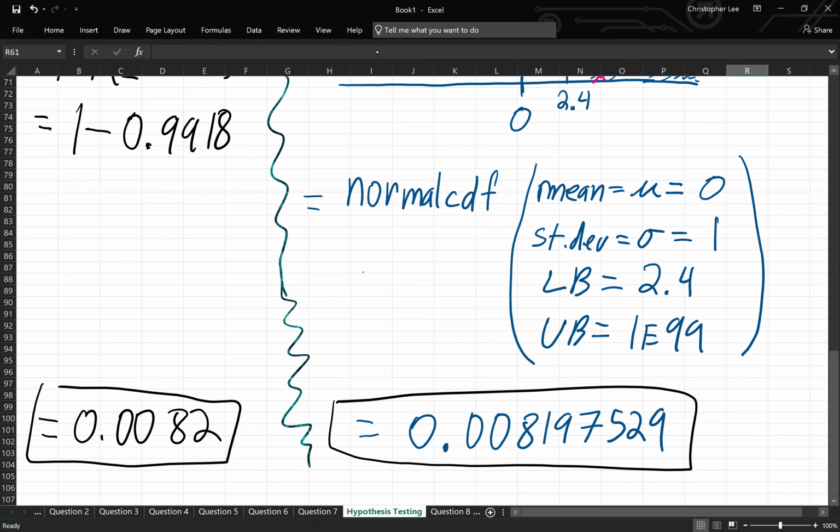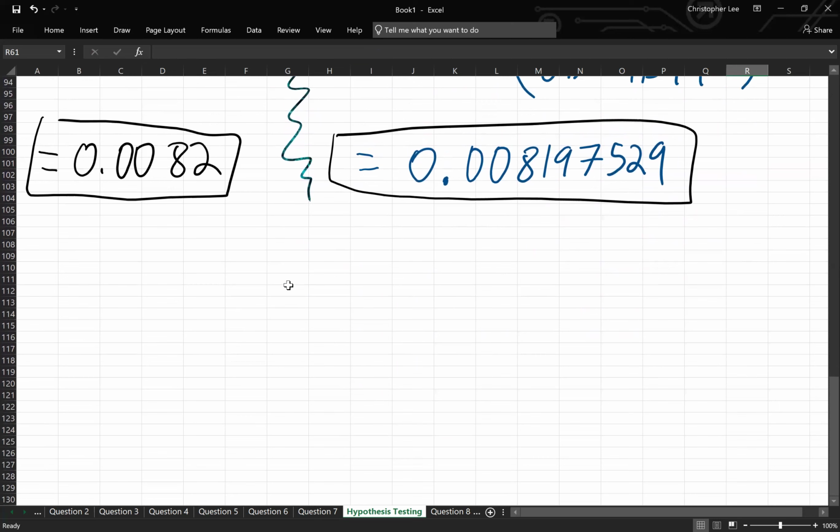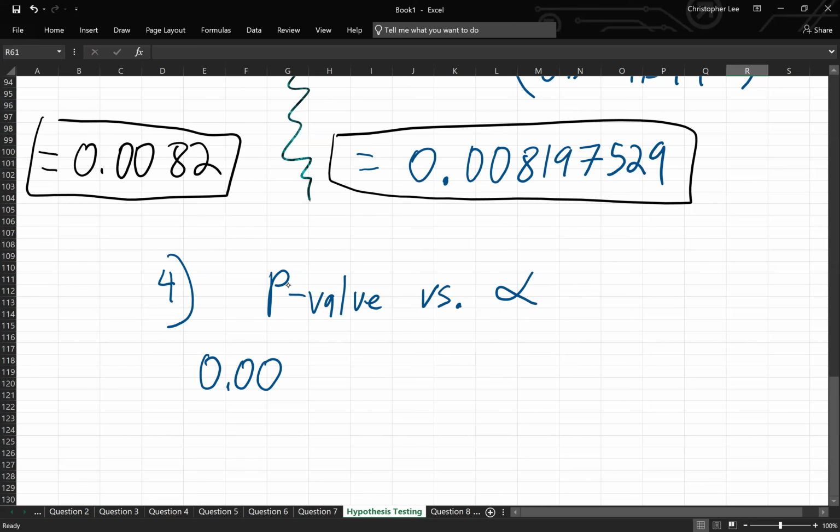Okay. Let's go on to step 4. That was all just step 3. Step 4. I want you to do your p-value versus your alpha. And what's my p-value? 0.00819759, right?